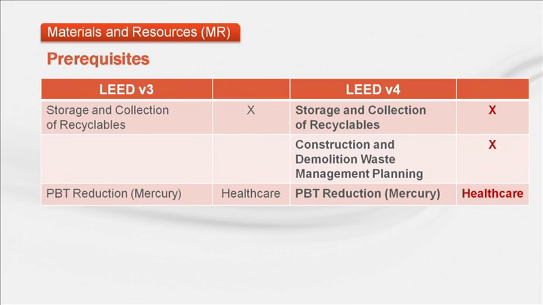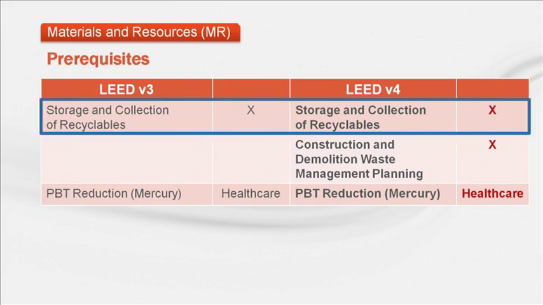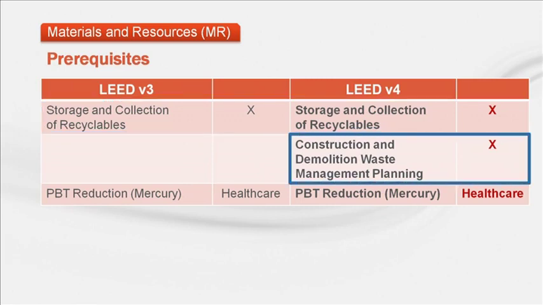Here are the prerequisites in this category. The prerequisite on storage and collection of recyclables now includes specific safety measures for at least 2 types of the following products: batteries, mercury-containing lamps, and electronic waste. The construction and demolition waste management prerequisite was a credit in version 3.